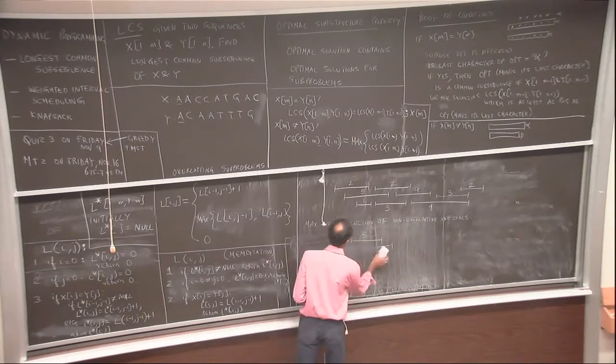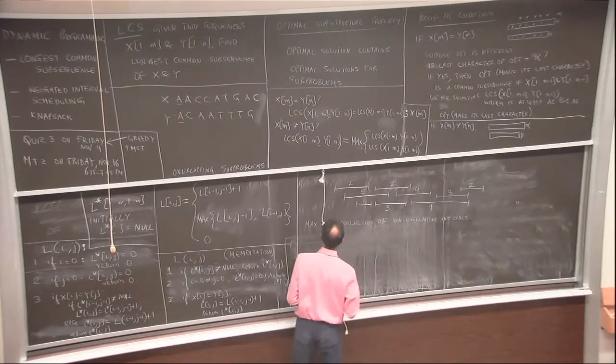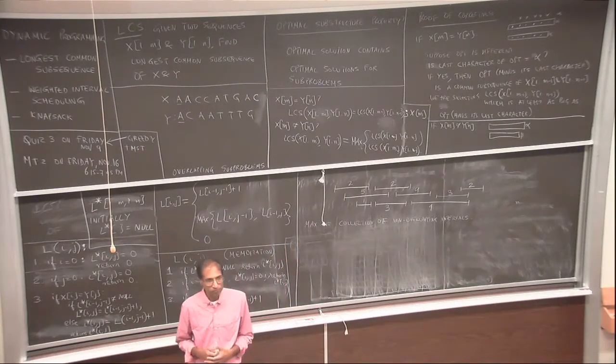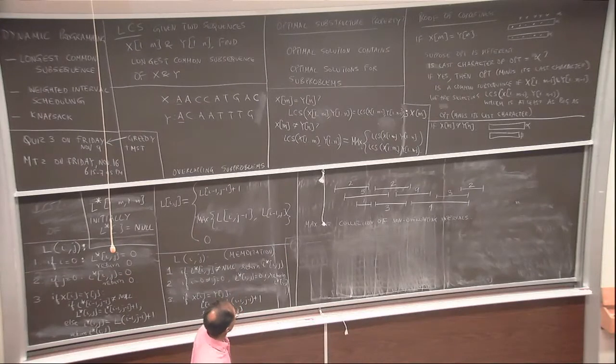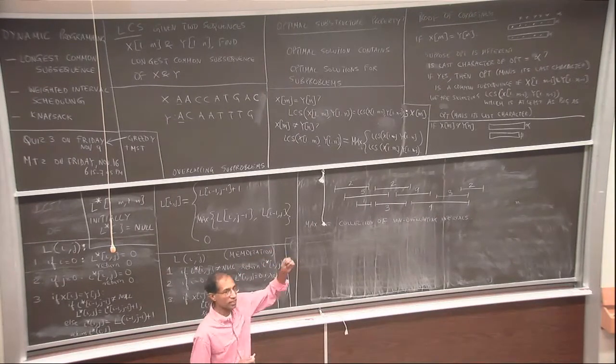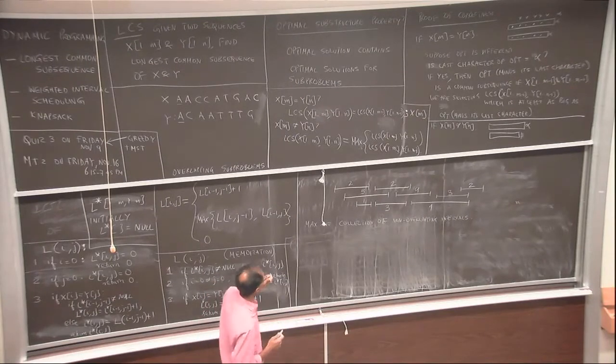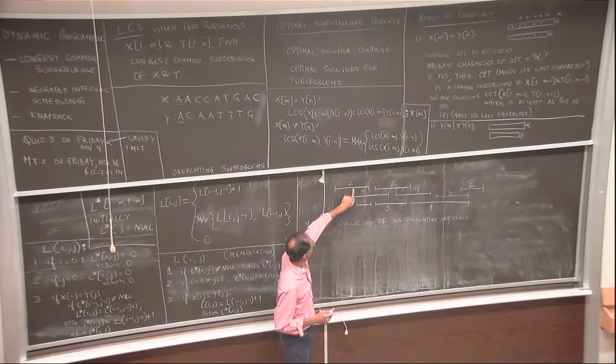So the idea of the algorithm is essentially this. In the same way that we do not know whether we want to pick this character or not in our longest common subsequence, we do not know whether this interval that finished first should be picked or not.